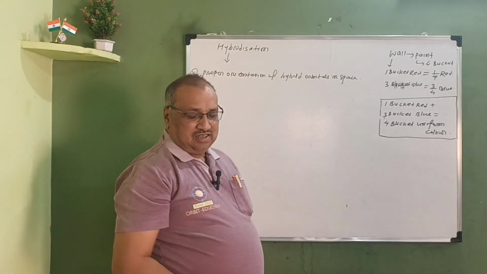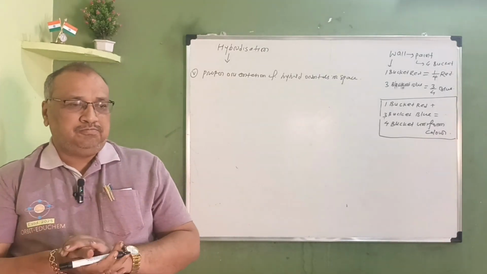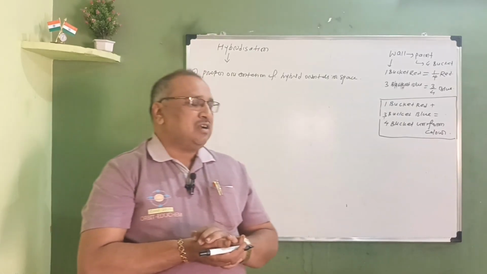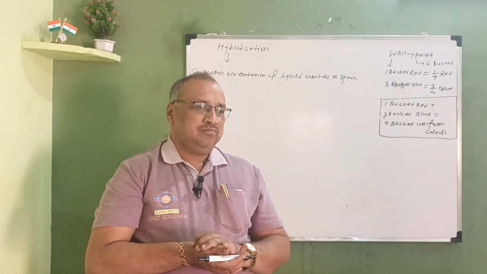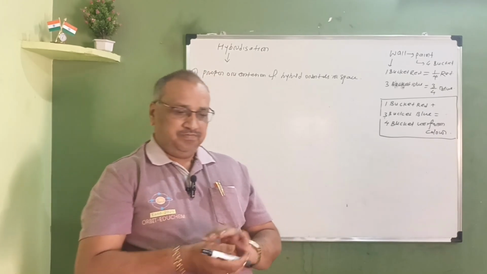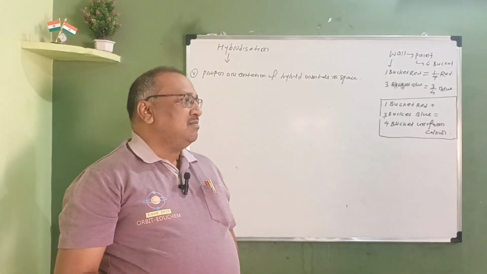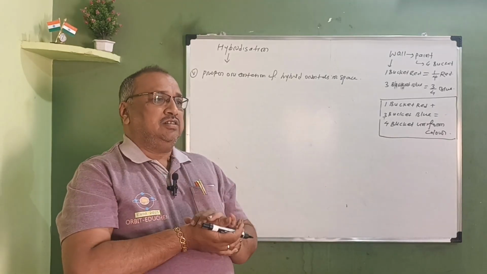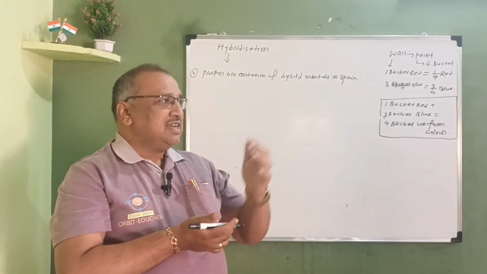Now let us consider, when one s and 3p atomic orbitals are hybridized, you will get 4 sp3 hybrid orbitals, and the hybridization is called sp3 hybridization. But how are these 4 sp3 hybrid orbitals arranged in space?